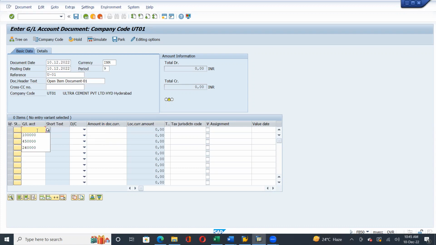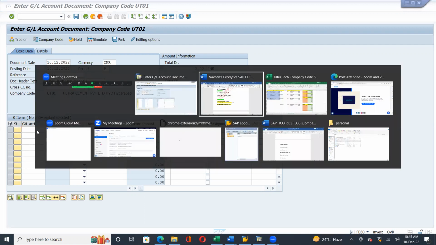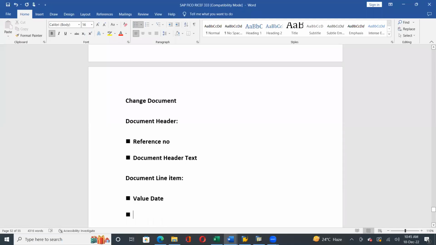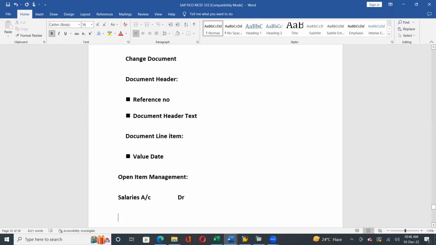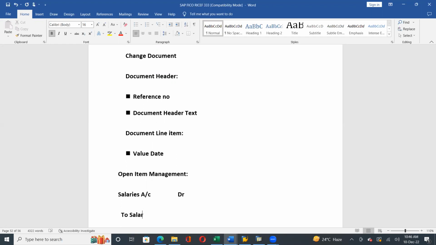I would like to post the entry. So open item management: I am posting an entry in FB50, salaries account debited to salaries payable account.